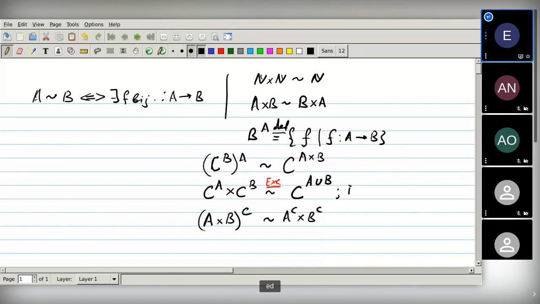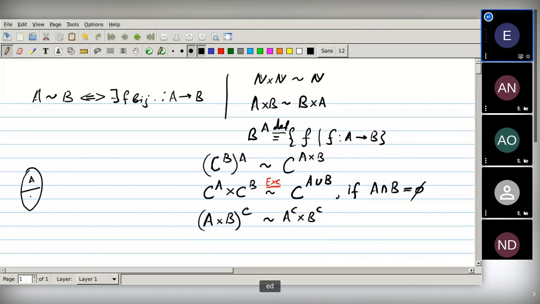But under some condition, if A and B are disjoint, then in fact every function, let me make a drawing illustrating this situation.